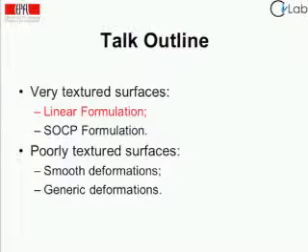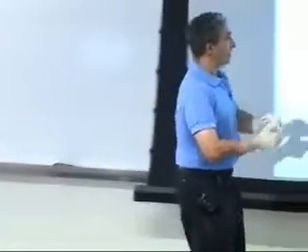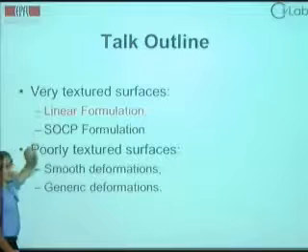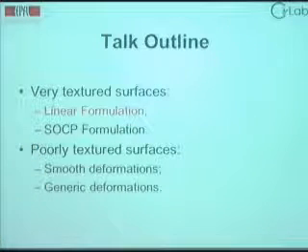In this talk, I will distinguish essentially four different cases. Either I have a very textured surface, which means I have lots of correspondences, in which case I will show that you can get away with very, very weak assumptions on the shape, so that you can model things that deform really strongly like cloth.